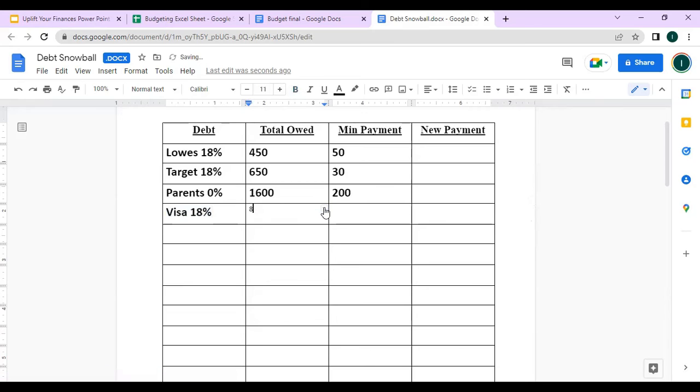It was $1,800. He is paying a minimum payment of $30.